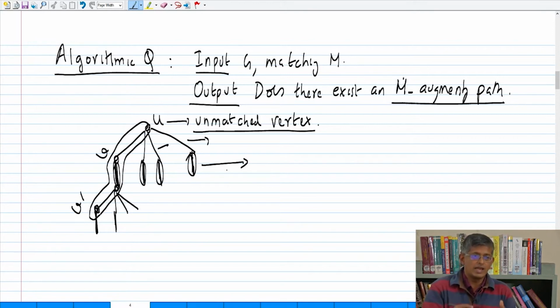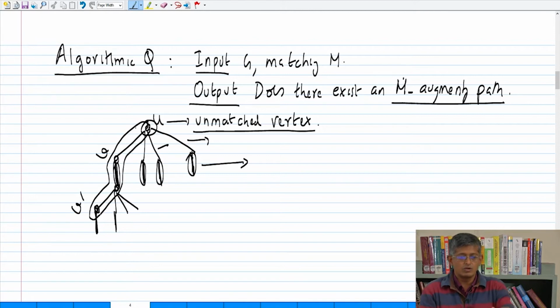So layer after layer you will explore the graph. There are only two ways of terminating. Either you will find an augmenting path, or you will conclude that for this unmatched vertex, I cannot find an augmenting path which starts at this particular vertex U.